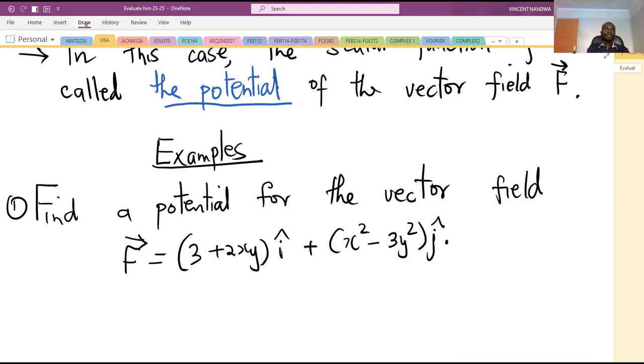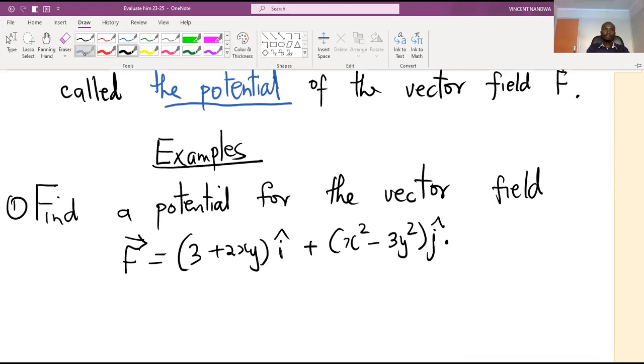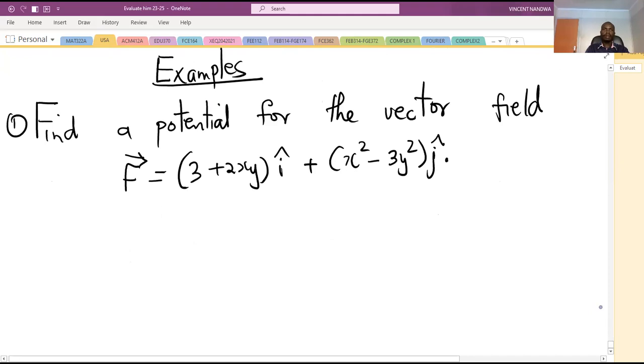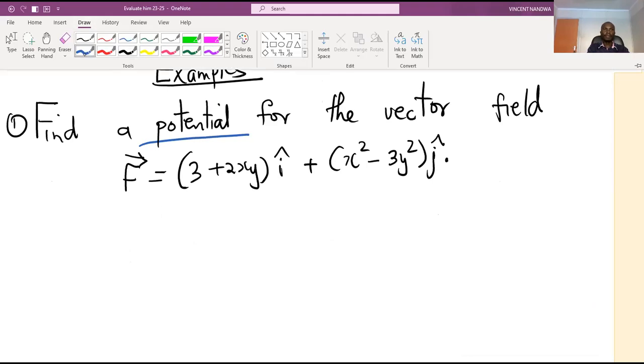To solve this question, we have to remember the definition of a potential with respect to the vector field.